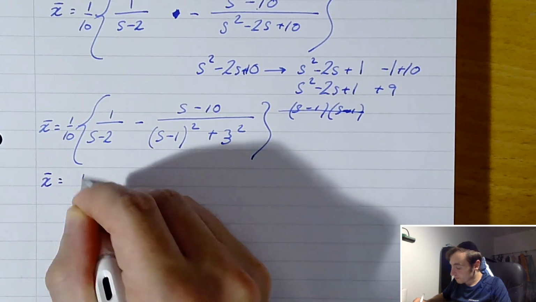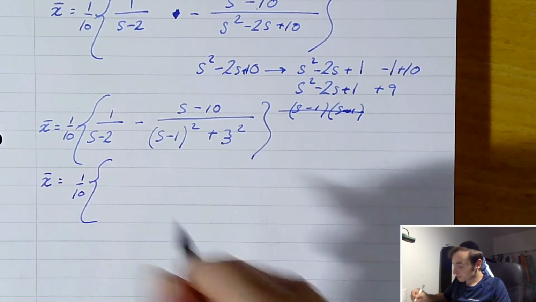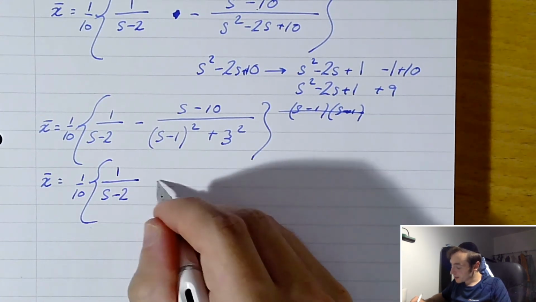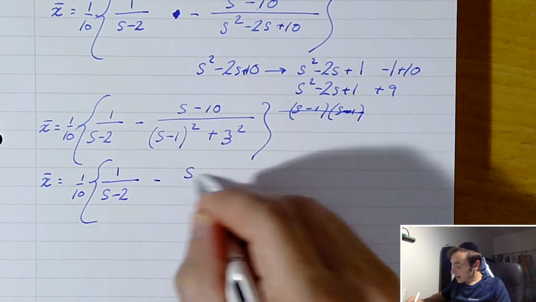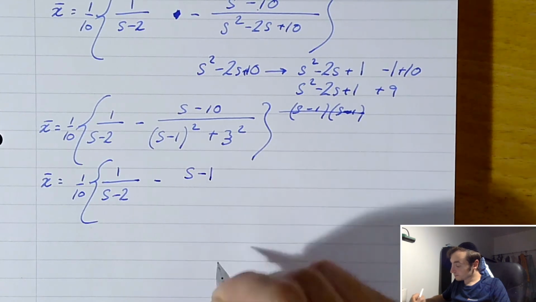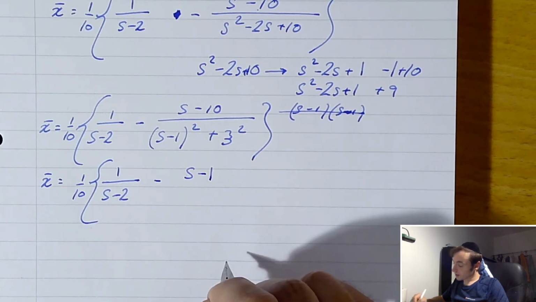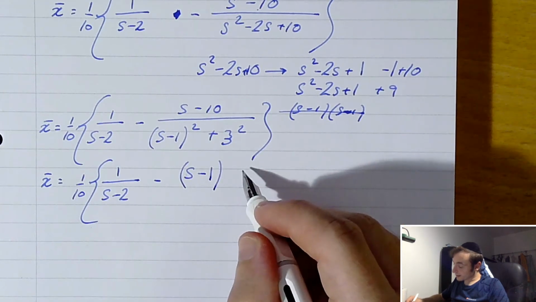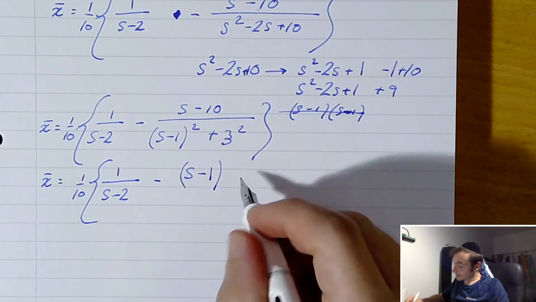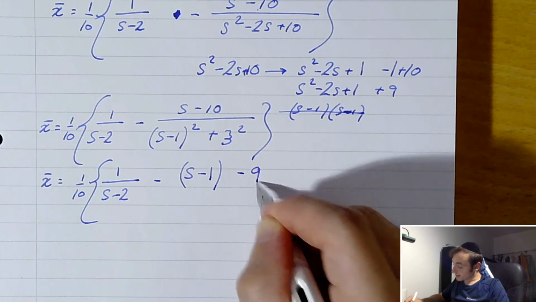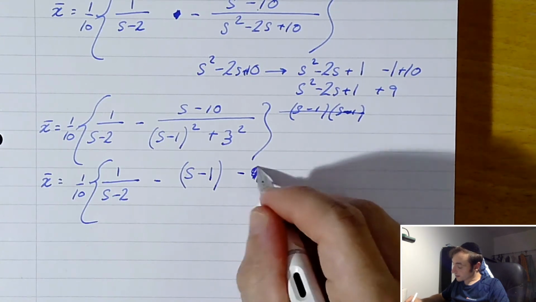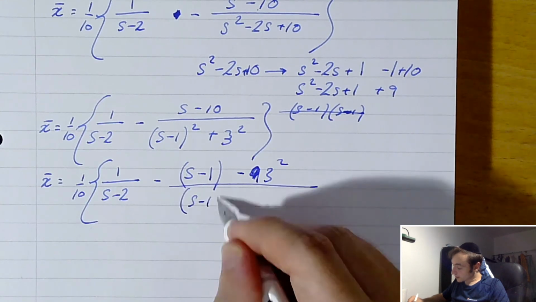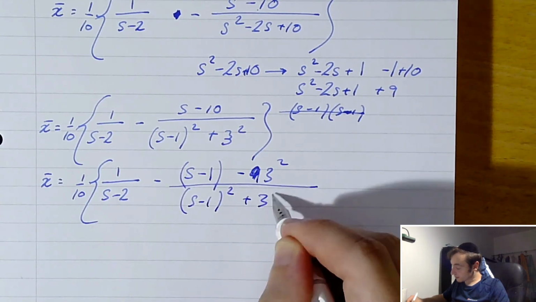So we have x bar equals 1/10, 1 on s minus 2, so that's the easy bit, minus s minus 1, and to get to minus 10, we'll have minus 9. So let's change the 9 to the 3 squared, all on s minus 1 squared plus 3 squared.